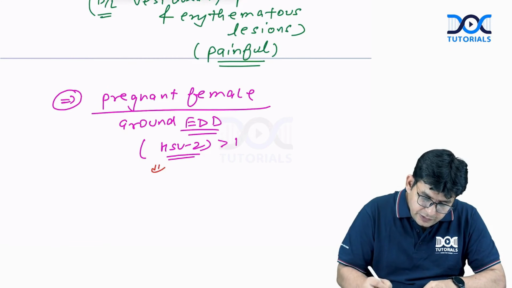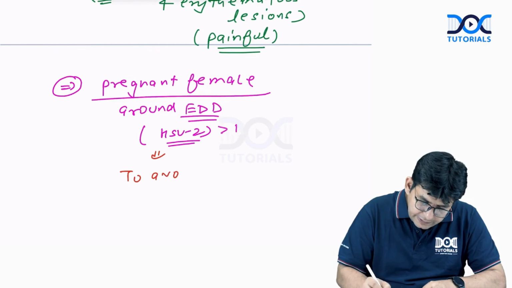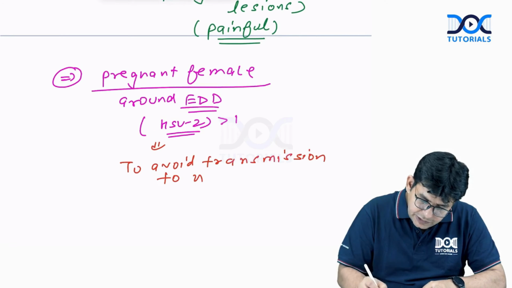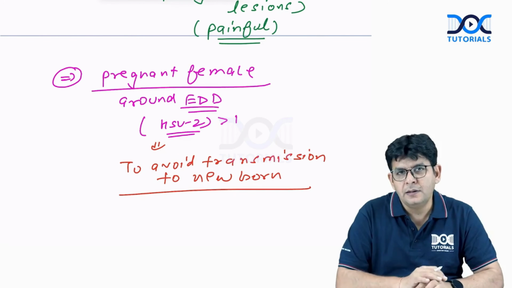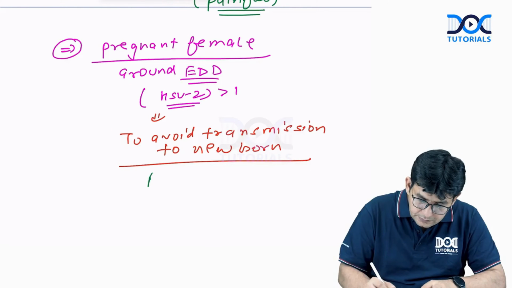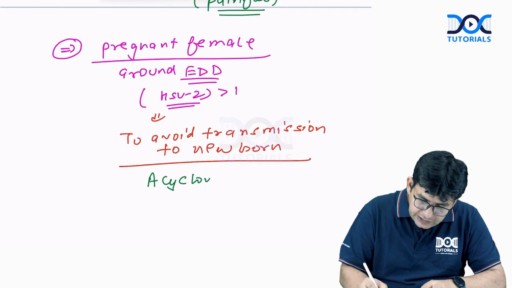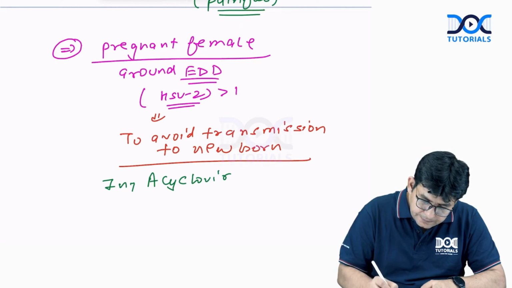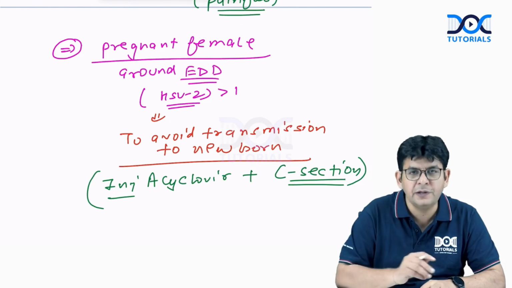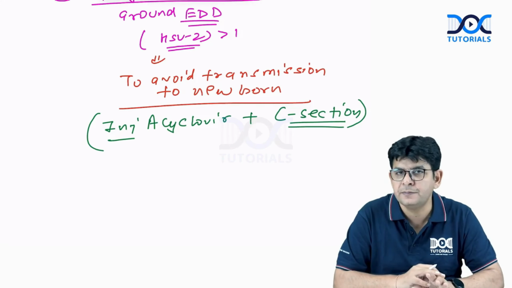So what can you do to avoid transmission to the newborn? The answer to this question is that you should give acyclovir injection and go for cesarean section, not vaginal delivery.